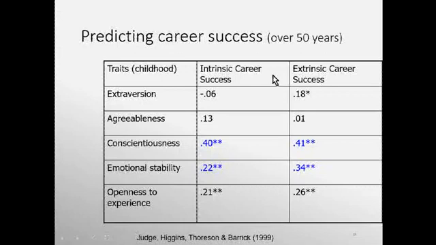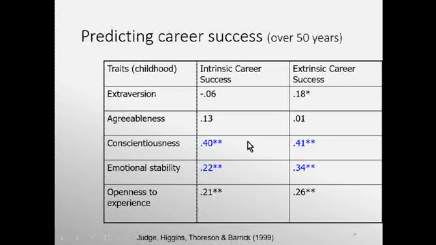Now, one other thing, class, to bear in mind with validity coefficients is that they have one very important and useful additional purpose. They will tell you how much of your criterion is explained by your predictor. And how you do that is you square the validity coefficient. So in this case, 0.4 squared is 0.16.